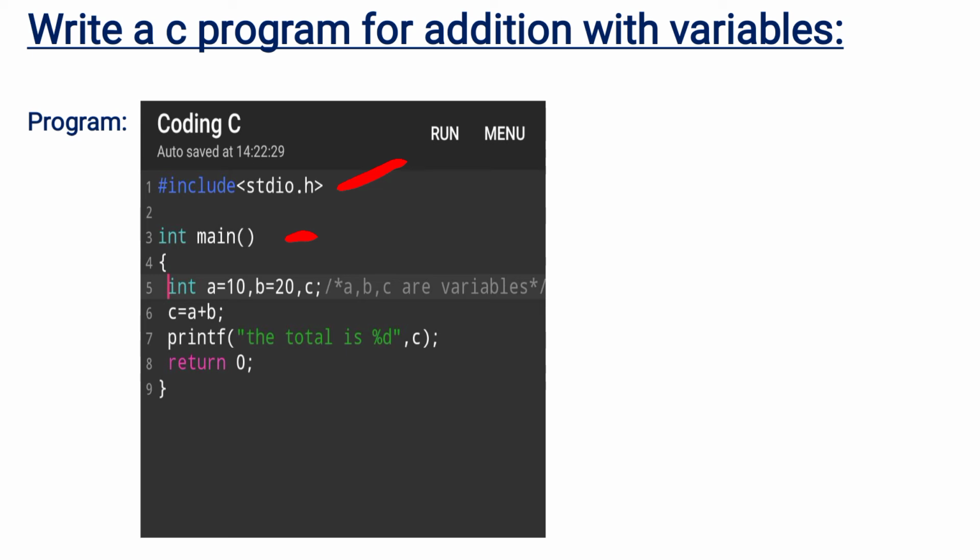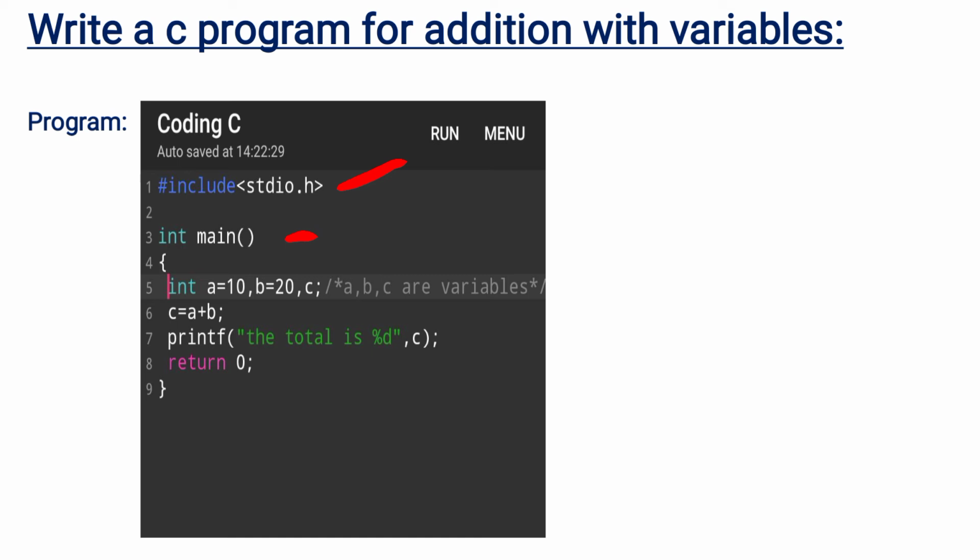Here in one line we are declaring three variables. Of these three variables, two are initialized. a is initialized with 10, b is initialized with 20. So a has 10, b has 20 and c is just declared, not initialized here.